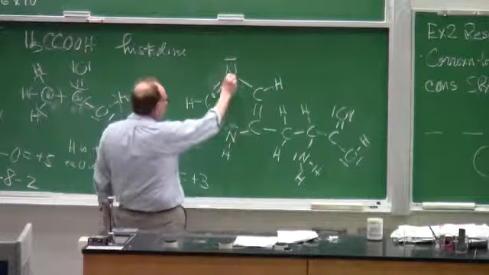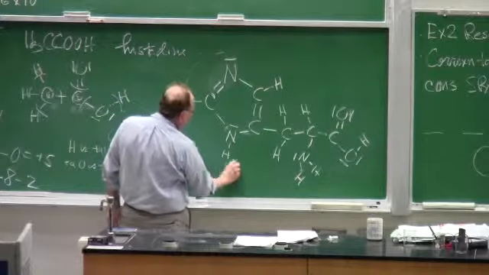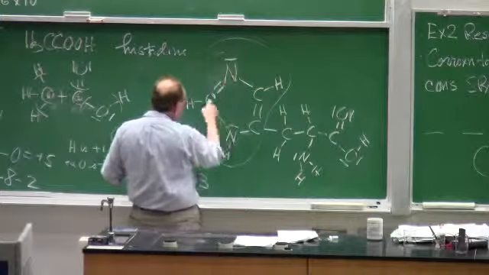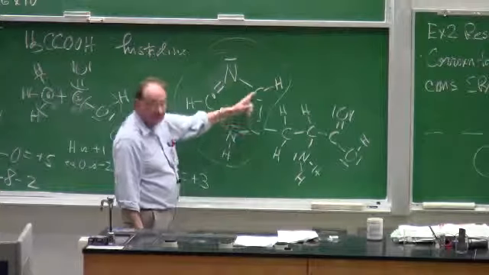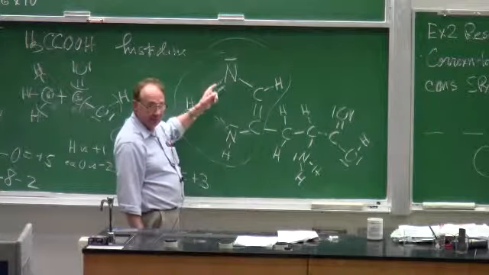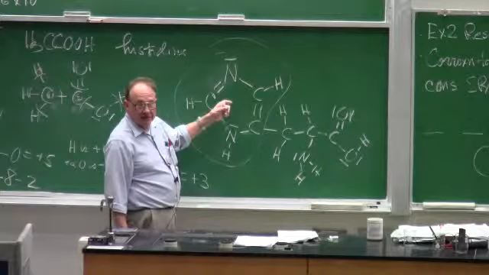See this ring? 1, 2, 3, 4, 5 atoms in this ring: N, C, N, C, C. We'll do stuff like this in chapter 23.